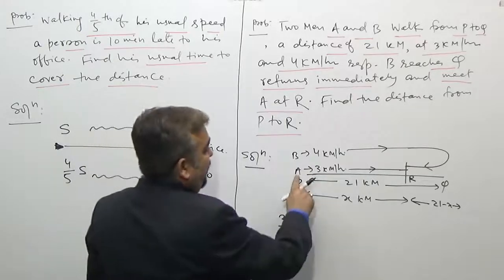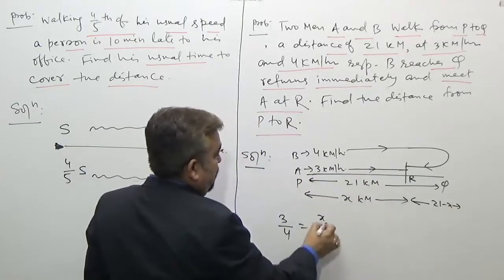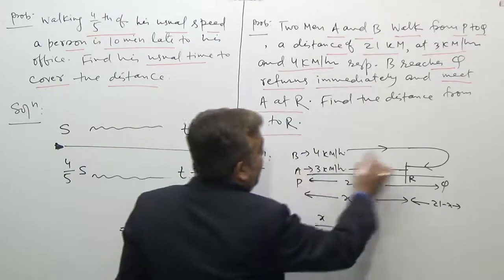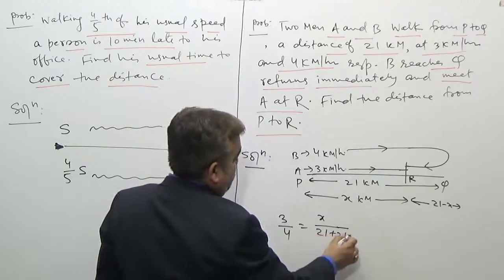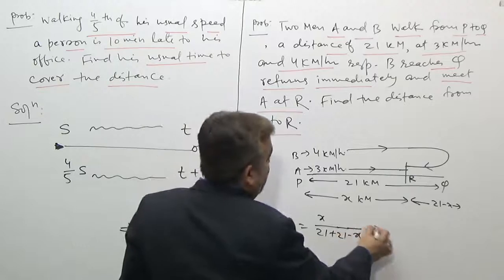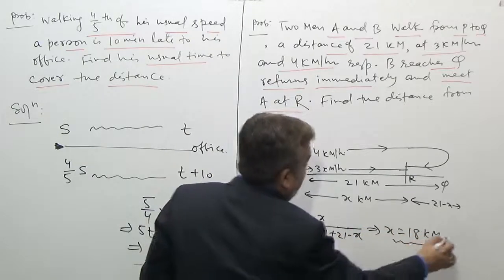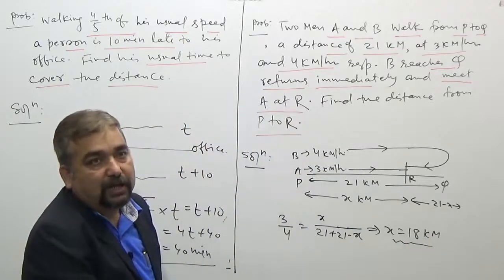The distance traveled by A is x, that is PR, and the distance traveled by B is 21 plus 21 minus x. You solve it and you get x equal to 18 kilometer.